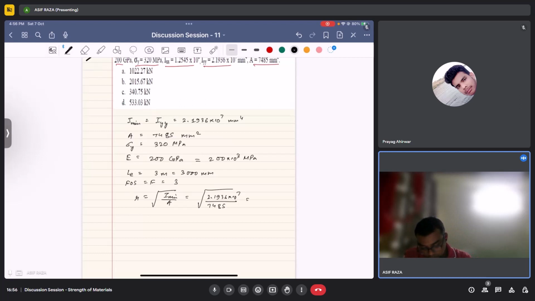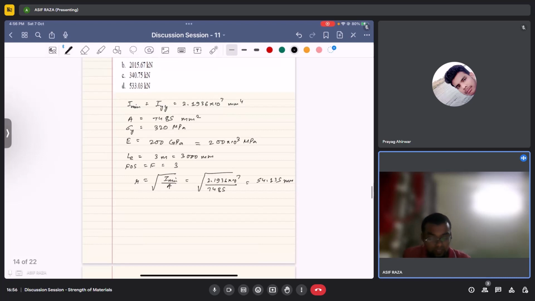So 2.1936 into 10 to the power 7 divided by 7485, and then the square root. So this comes around 54.135 mm. Now to find the Rankine load, you can use this formula.